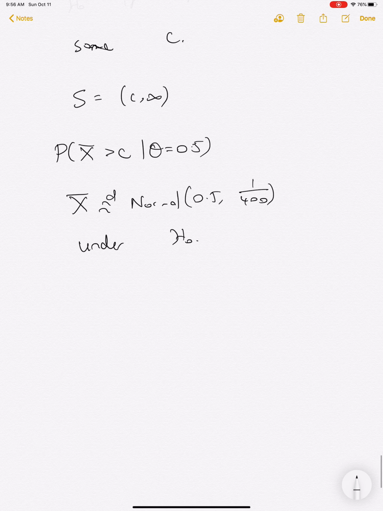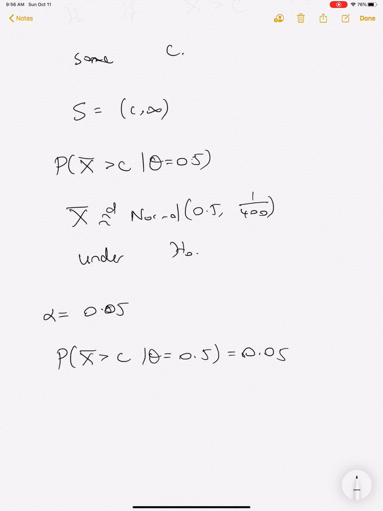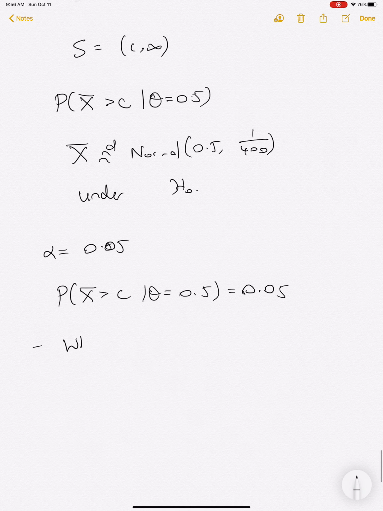Because this is our distribution, and we've set alpha equal to 0.05, we know that the probability x bar is bigger than c given theta equals 0.5 is 0.05. And so the question is, what is c? This determines the rejection and acceptance regions.